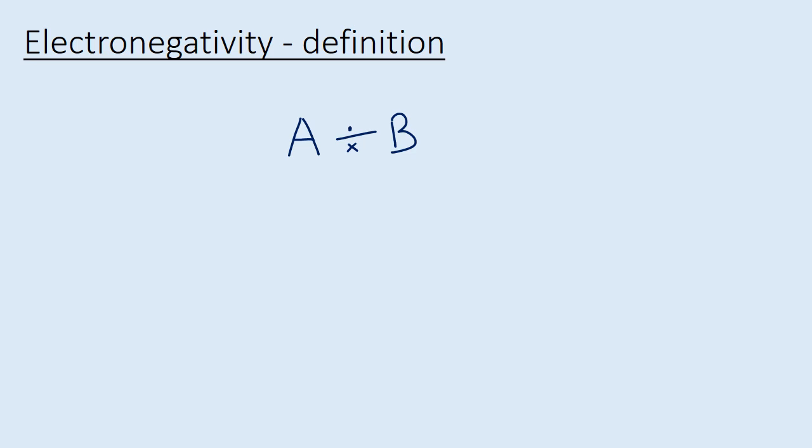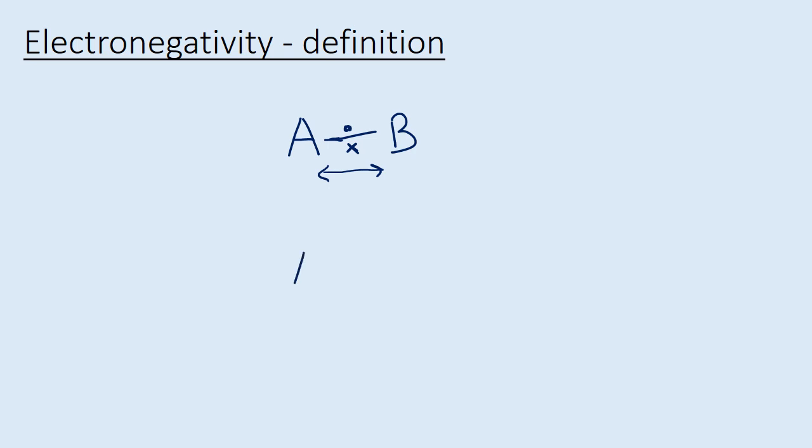Now, electronegativity is a measure of the ability that these atoms have to attract this bonding pair, because you've got 3 scenarios here. This bonding pair of electrons could be perfectly evenly shared, which means that A and B pull those electrons evenly.